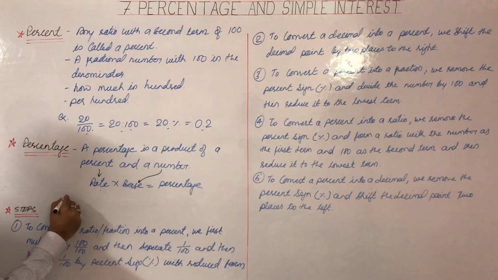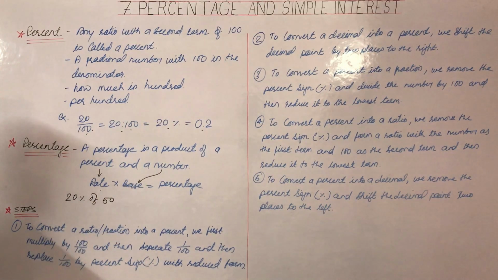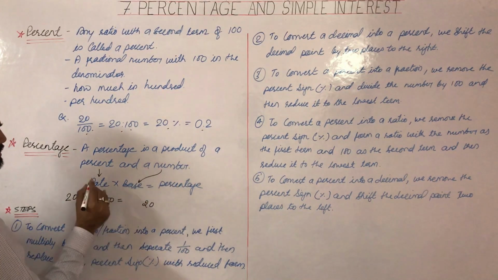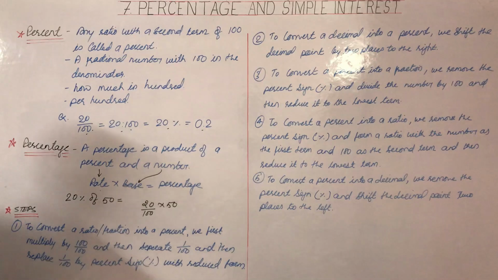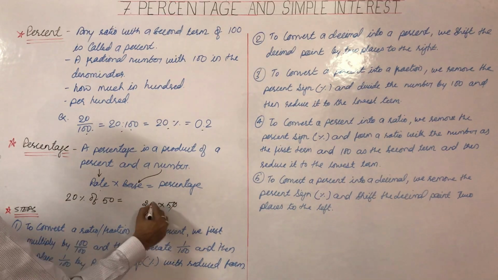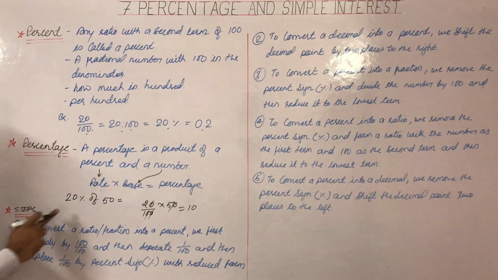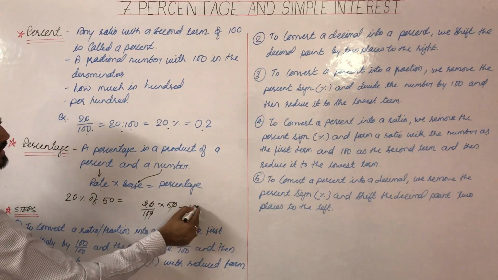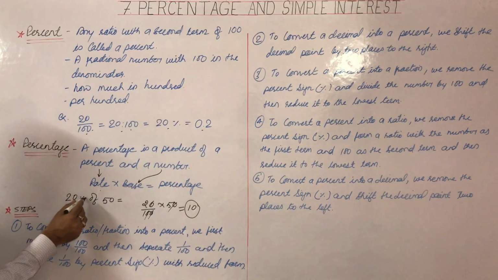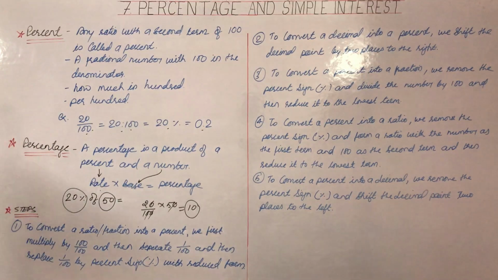So say 20% of 50. 20% of 50 is, so 20 by 100 of 50 is 10. So 20% of 50 is 10. It means 10 is the percentage, where 20% is the rate and 50, the number, is the base.